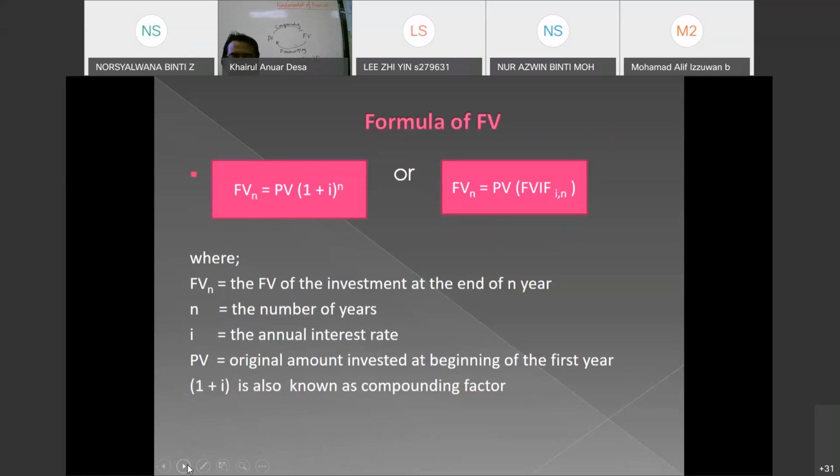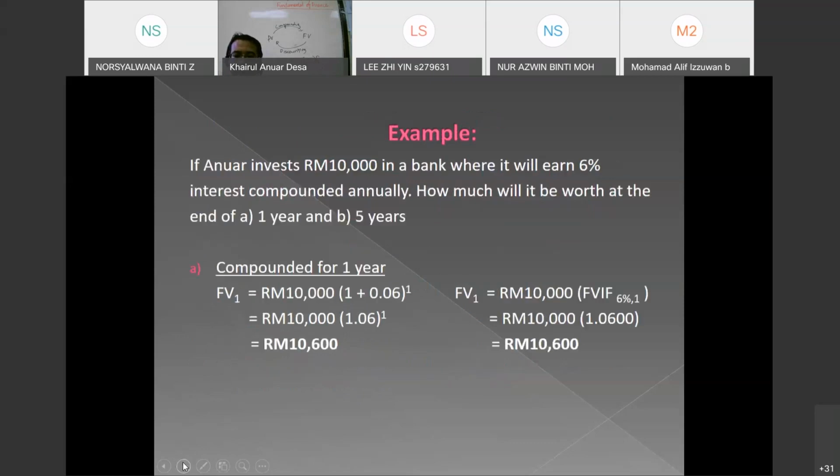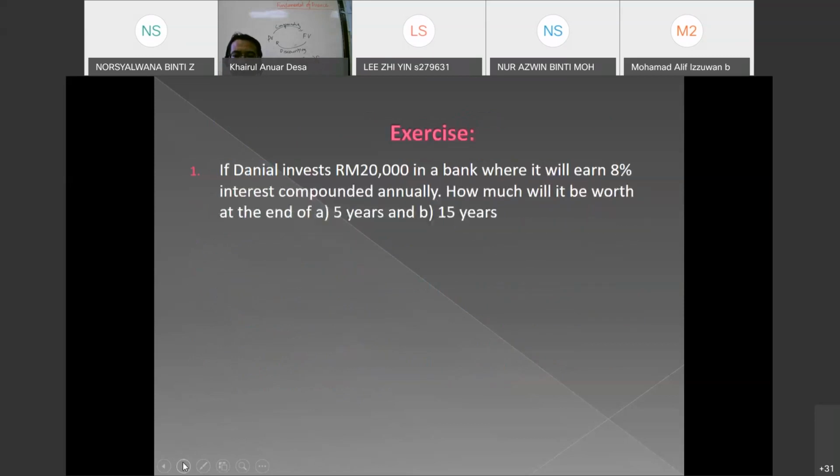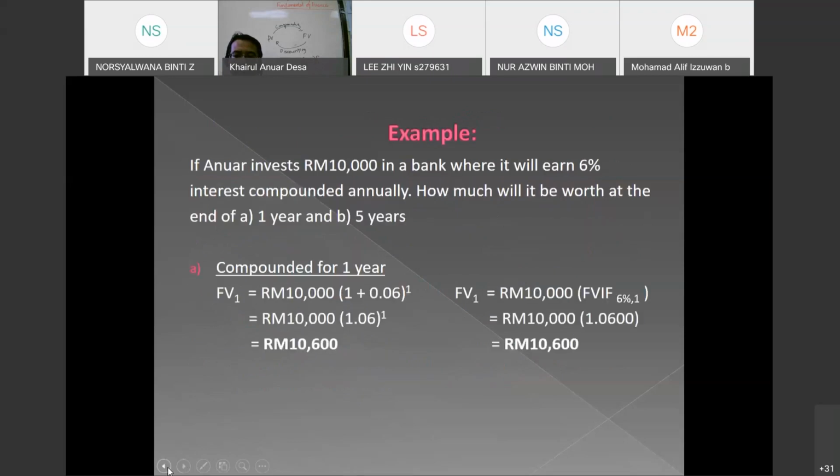Ataupun kita akan menggunakan table to solve the problems. Okay, dah ada table kita sini. Alright, this is the example. Kita buat satu-satu example here.